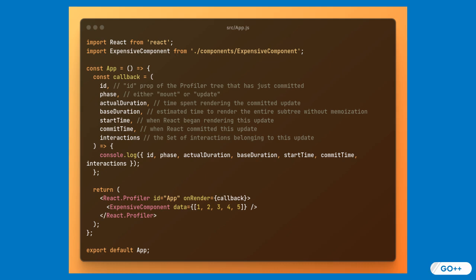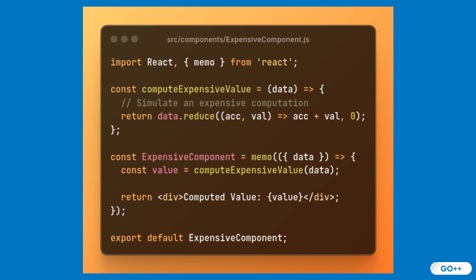Let's begin by examining the main application file, which coordinates the rendering of our optimized components. This file is crucial for setting up the profiler and integrating our expensive component, using techniques like memoization to optimize performance. Next, let's explore the expensive component file.